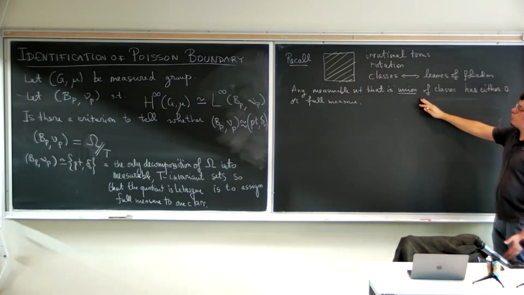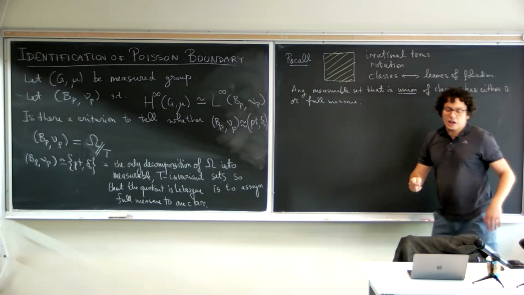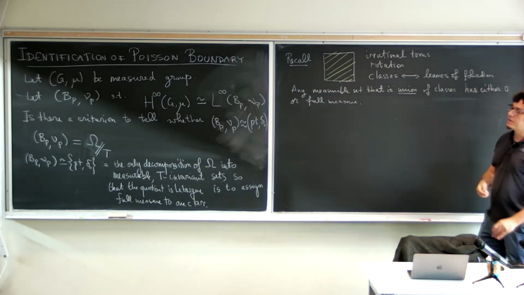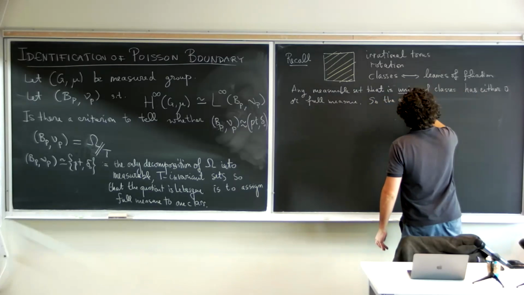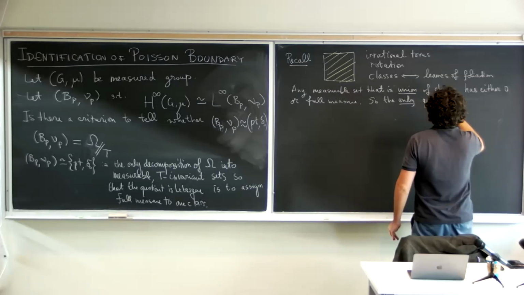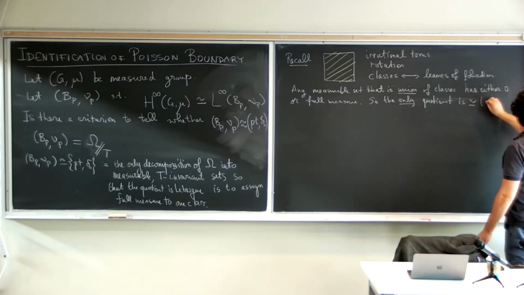The only possible quotient to take is to pick one such class of full measure and say, okay, this is the atom of our measure, and that's it. So the only quotient is isomorphic as a measure space to a point with the delta measure.